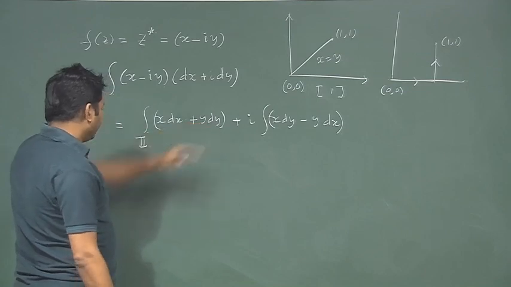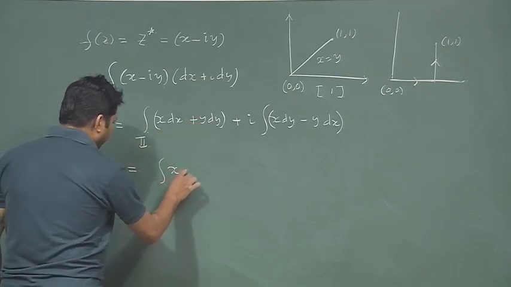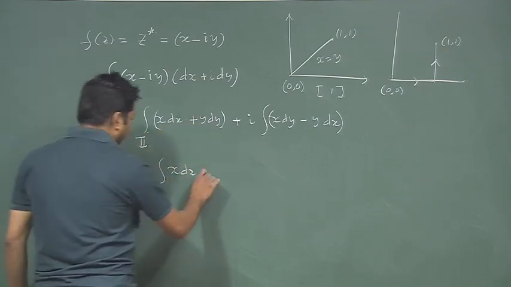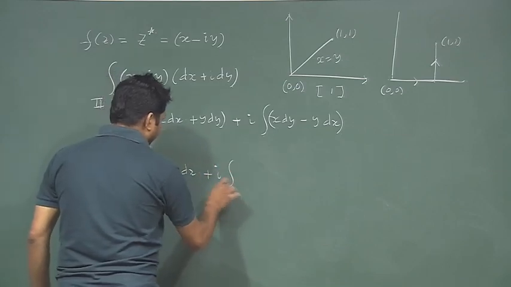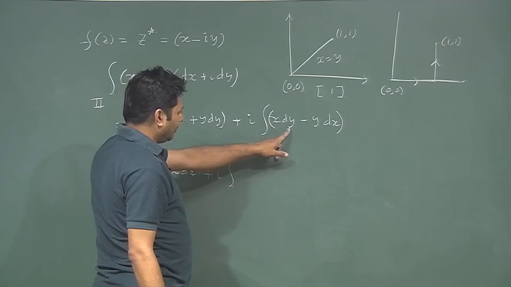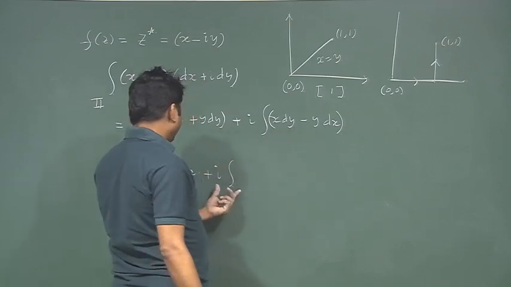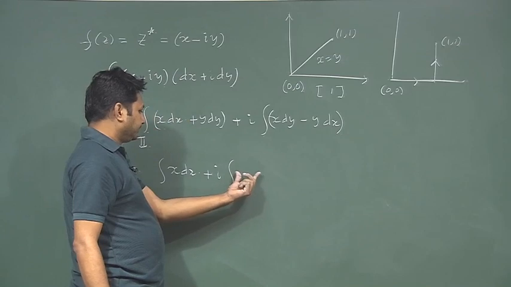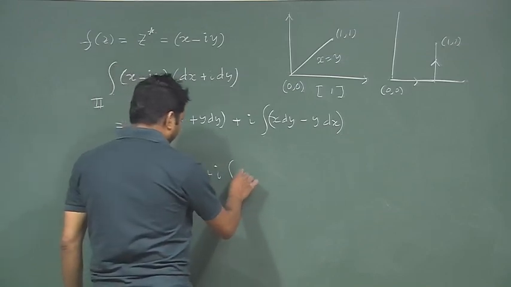So, this quantity is going to vanish. So, I will have x dx plus i times this quantity, where dy is 0 and y is 0. So, I will have something like 0 here.